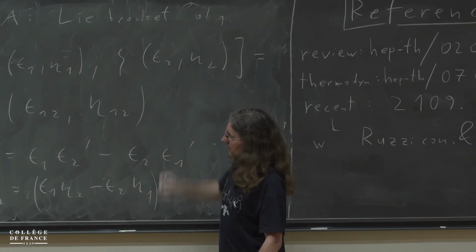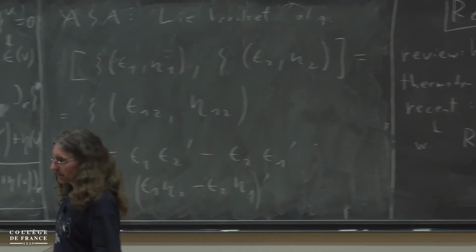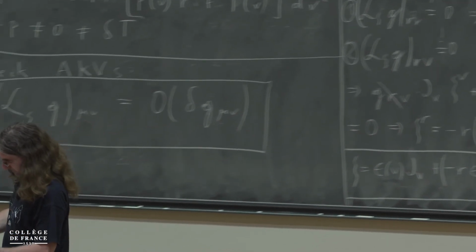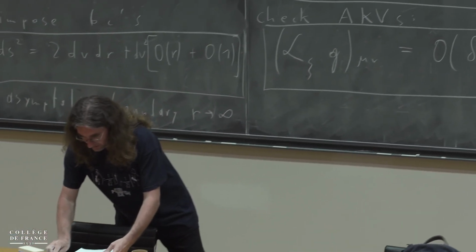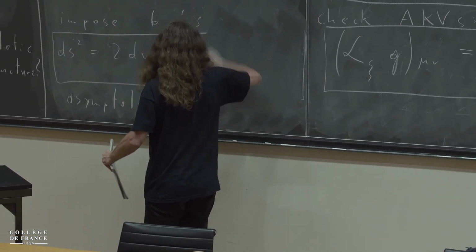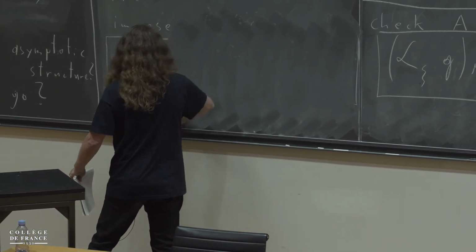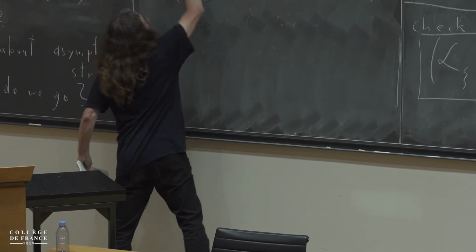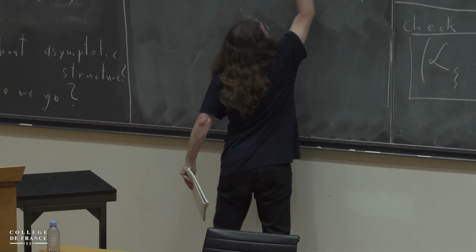So this is an infinite dimensional symmetry algebra, and in order to get some algebraic intuition what this means, it's often useful to decompose this in modes. So let me write this down.